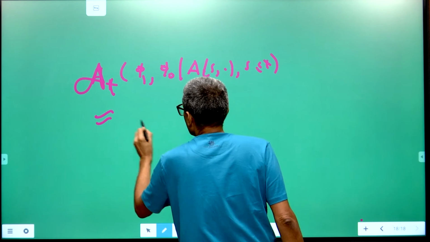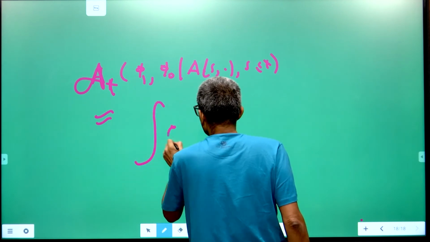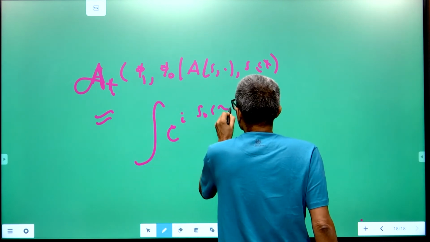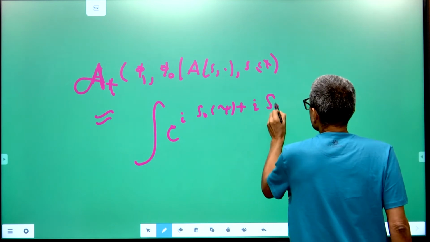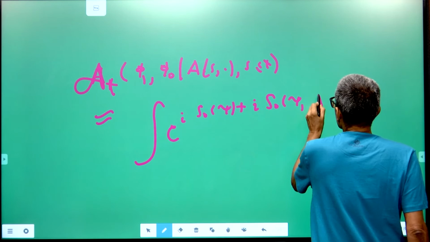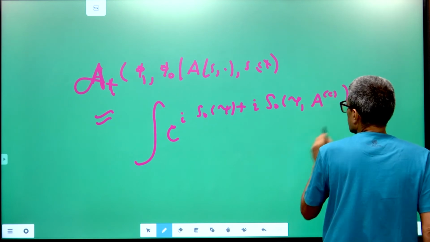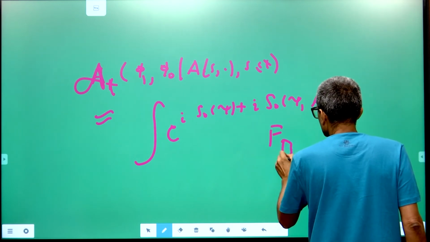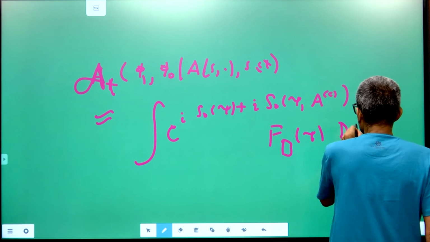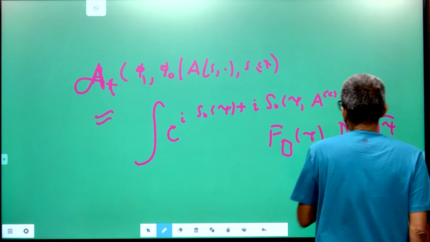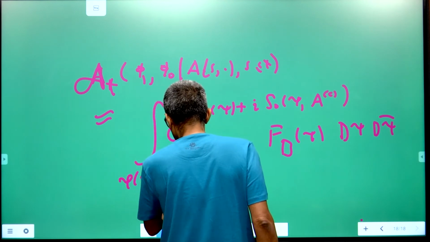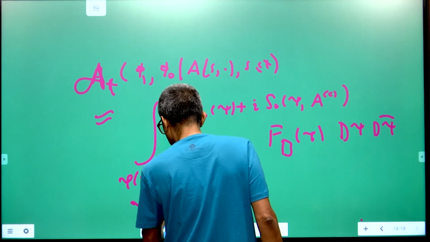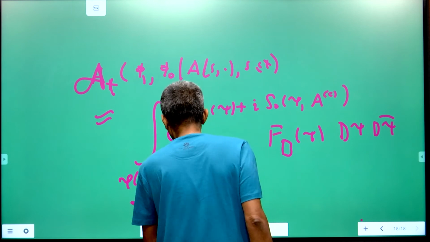It is approximately the integral of e power i times the action for the Dirac field plus the action of the Dirac field interacting with the control electromagnetic field, into f of psi, then d psi bar d psi with psi at 0 being phi 0 and psi at t being phi 1.